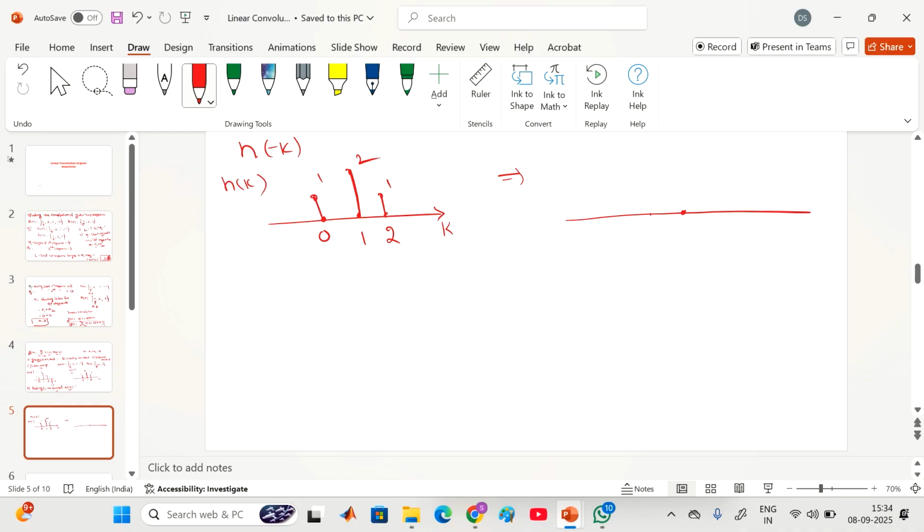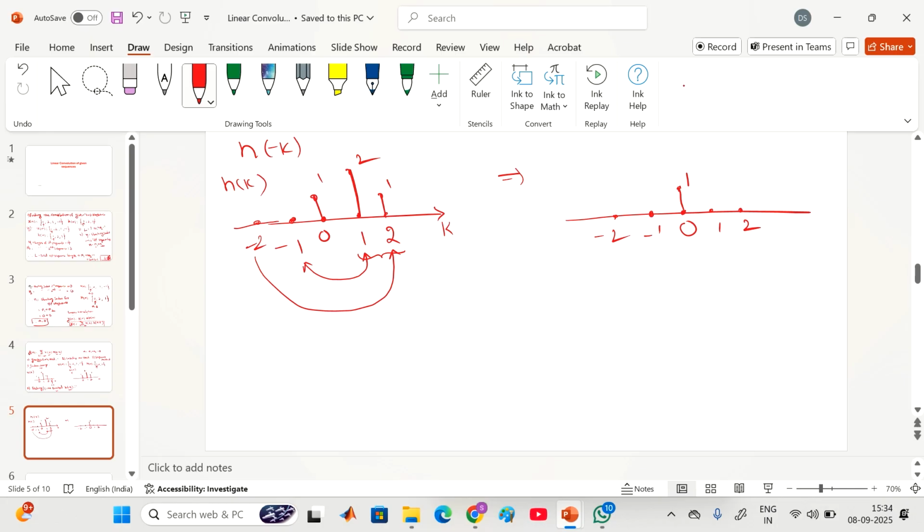Whenever I fold the sequence, 0, the reference, stays as it is, and the left samples are shifted to the right. So at n is equal to 1, I have an amplitude of 2. What is the amplitude at n is equal to minus 1? That is 0. Now 0 will be shifted to 1, and minus 2 value will be shifted to plus 2.